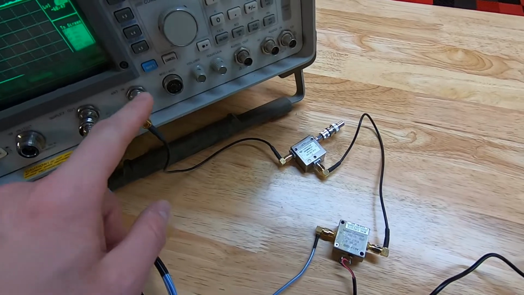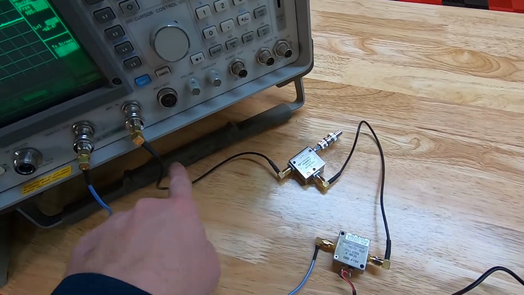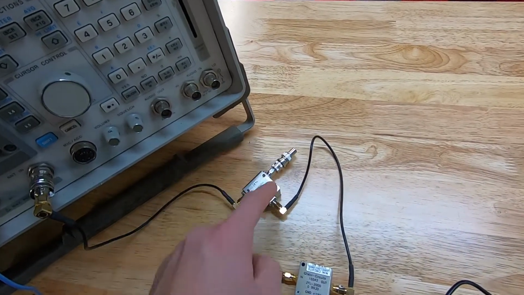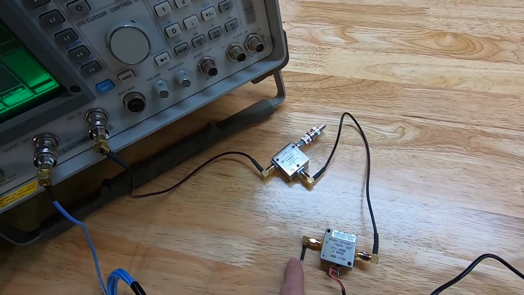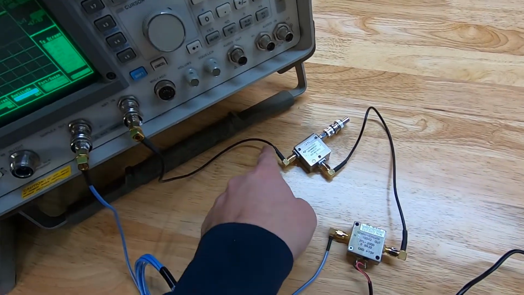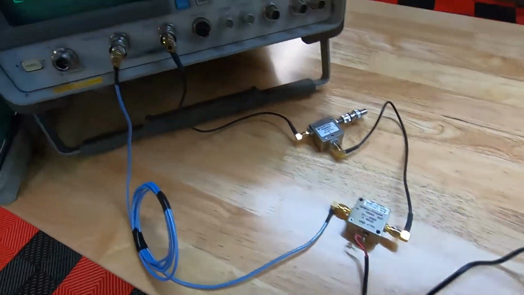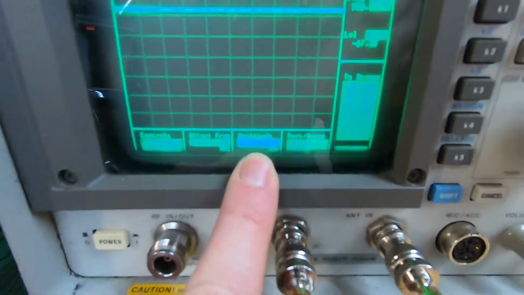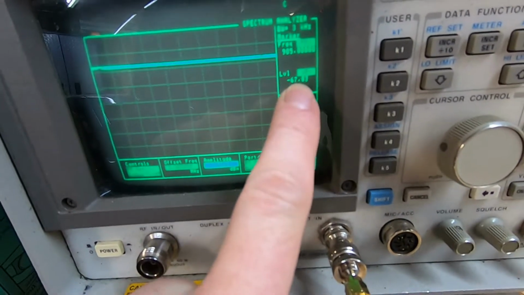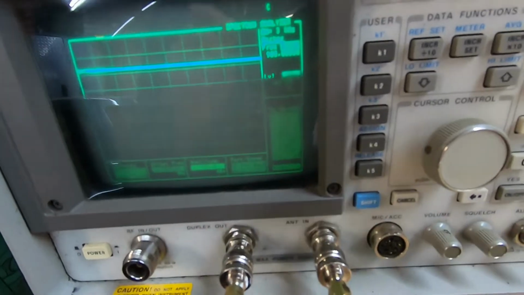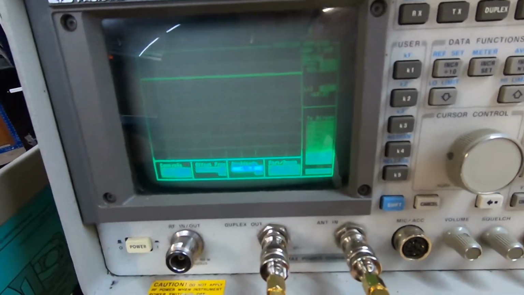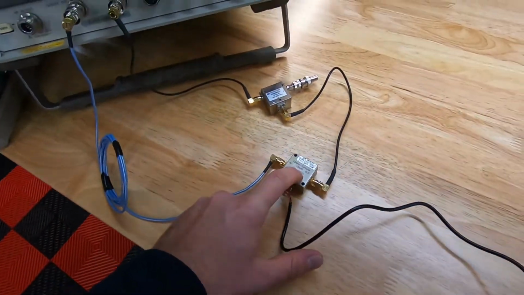Think of your miner being right here, your transmit antenna on this line, and your receive antenna hooked up right here: receive antenna, preamp, circulator, miner. Right now we're generating at negative 90 and we're receiving at negative 67. That means we have a gain of about 23 dB using the preamp.